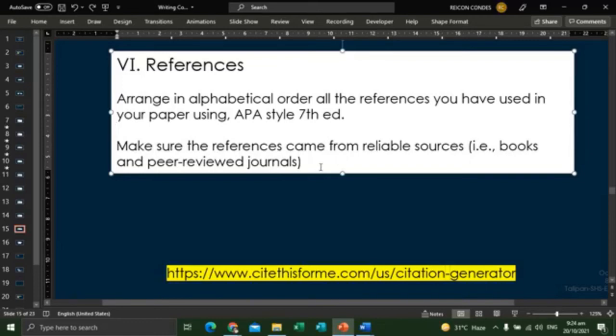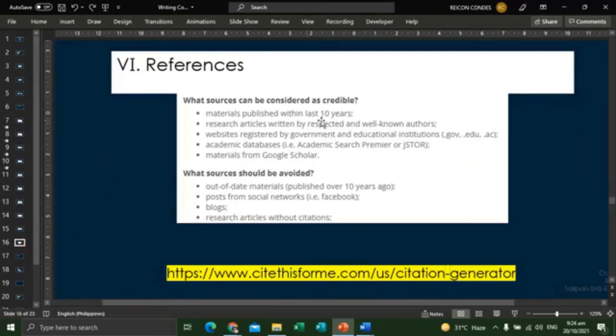Pwedeng online lahat. Okay lang kung online lahat. And then, ano ba yung mga sources can be considered as reliable? Research articles, published materials, website, registered for government and educational institution, academic database, and Google Scholar.